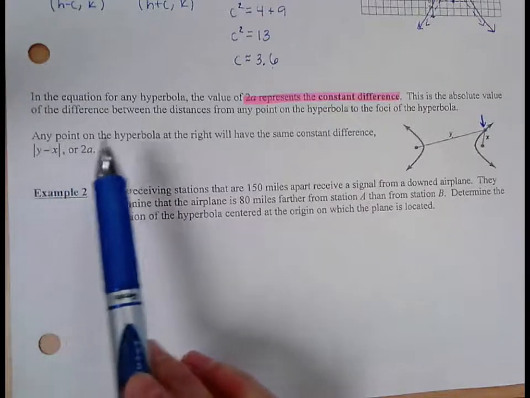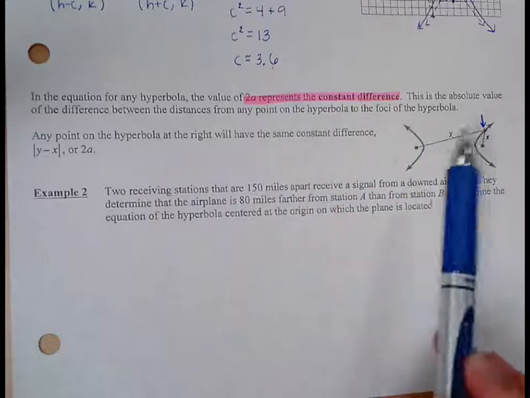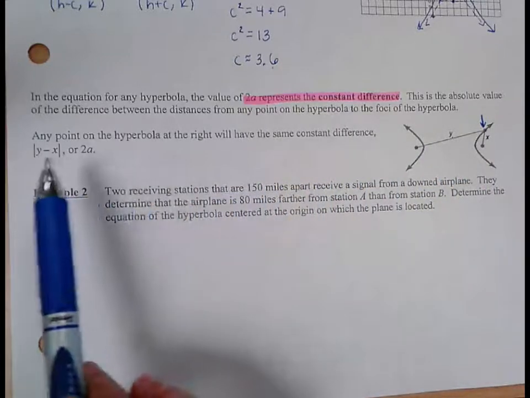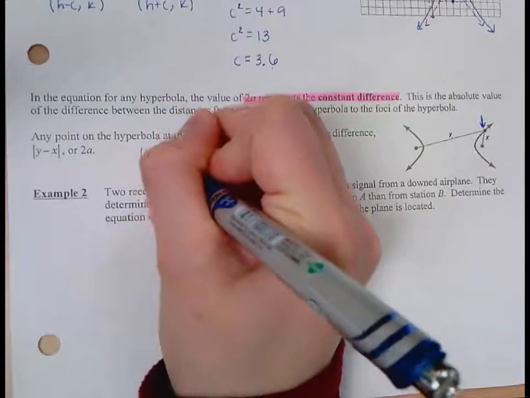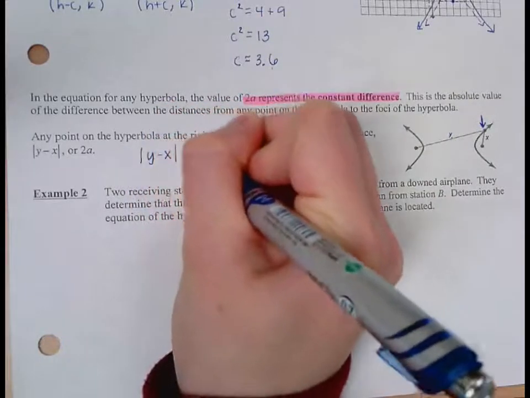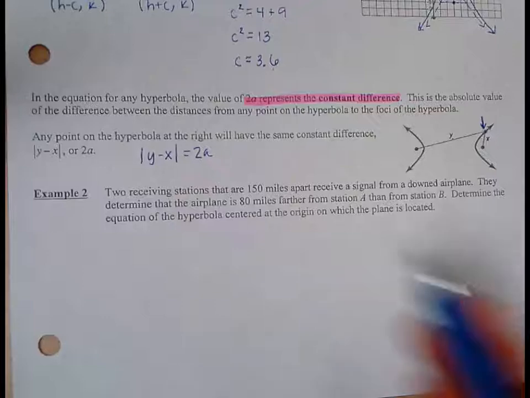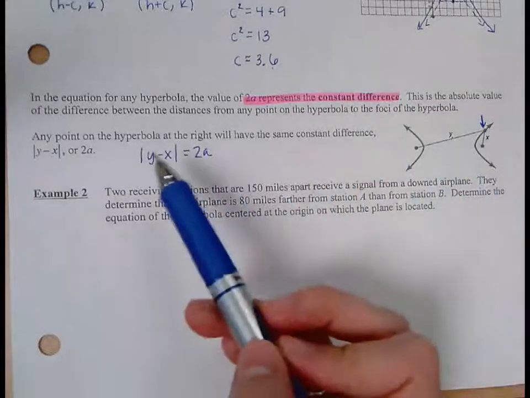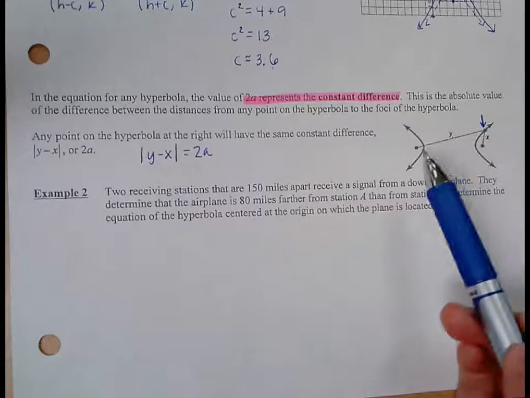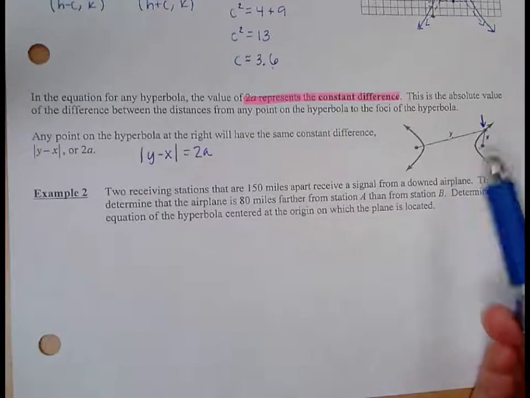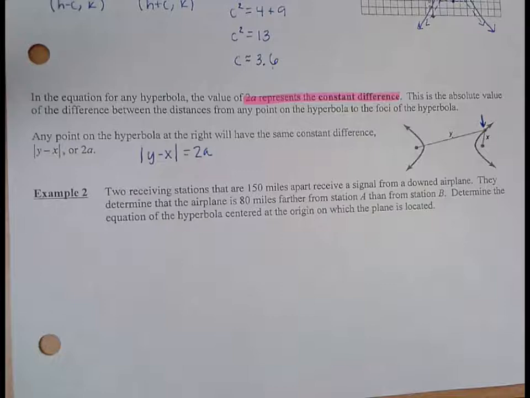So it says here, any point on the hyperbola that's given here will have the same constant difference. So this is saying the absolute value of y minus x is equal to 2a. The reason they're taking the absolute value is, if you look at this diagram, y appears longer than x, so y minus x is going to be positive already.